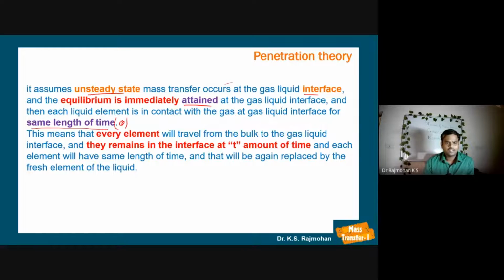Every element will travel from the bulk to the gas liquid interface and remain there for a certain time theta, each element the same length of time, and then it is replaced by a fresh element of the liquid. It's like every student graduates after 4 years, and another new batch comes and gets graduated. You can relate to that. So that's what the penetration theory says at the interface.